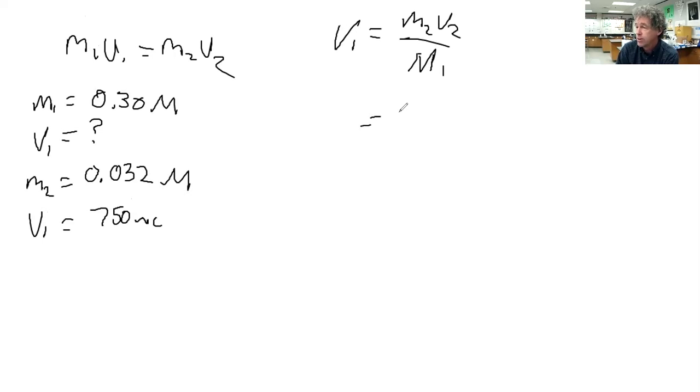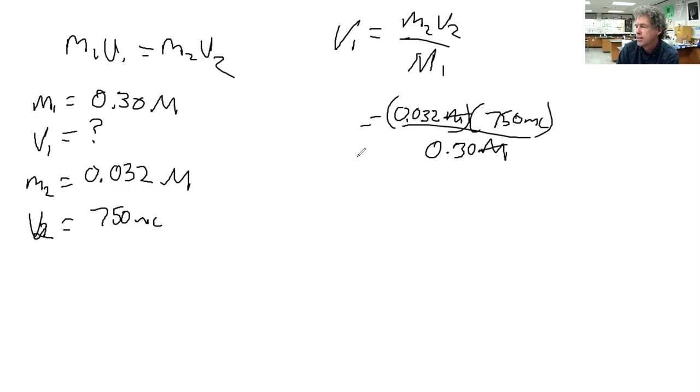Then we can substitute in: 0.032 molar times V2, which is 750 milliliters, all over 0.30 molar. Molar will cancel, and when you do the math out, this ends up being a volume of 80 milliliters. So you have 80 milliliters of stock solution.